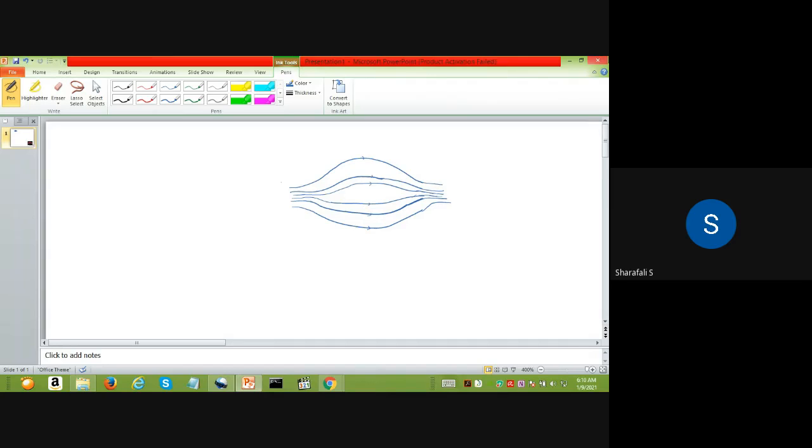So the basic idea behind this is that the plasma state is having very high temperature. If you consider that in the case of the sun, it is of the order of 10⁷ Kelvin.